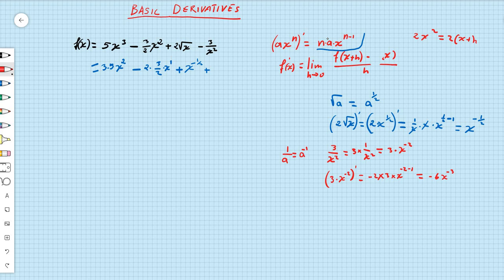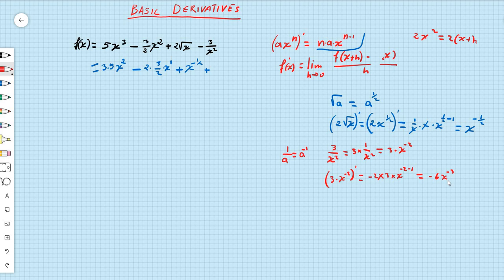Now that's our derivative, right? Now we also know that 1 over a is equal to a to the power of -1. So what is a to the power of -1? It is 1 over a, right?